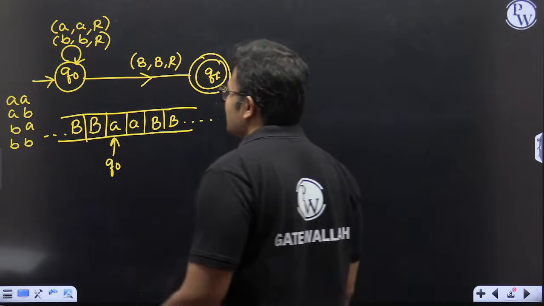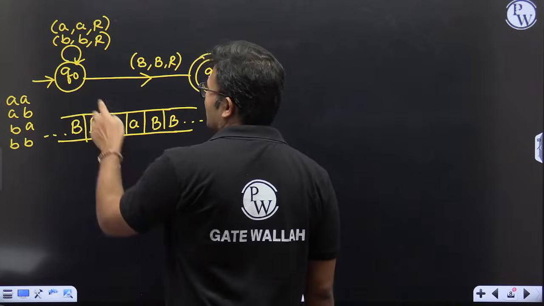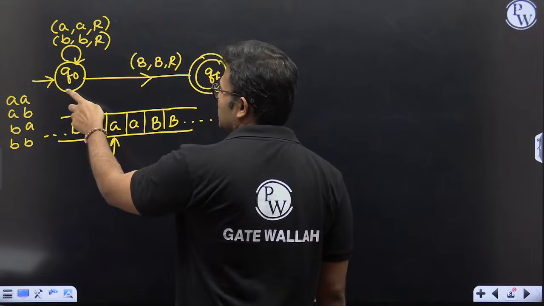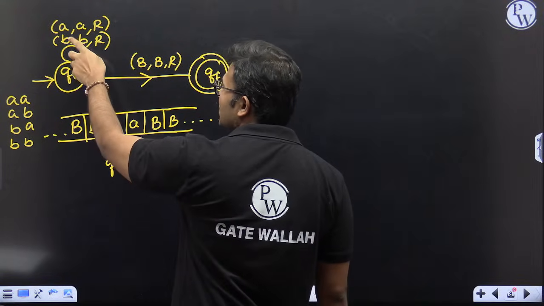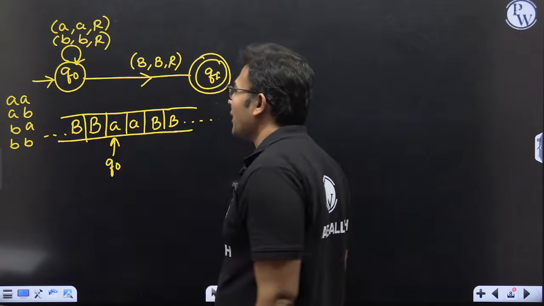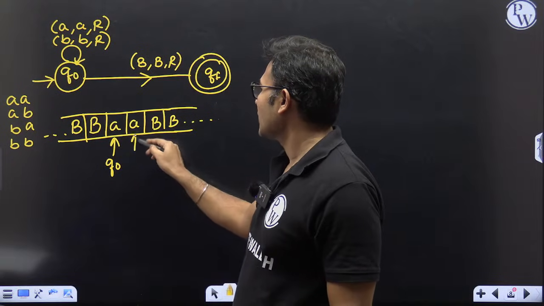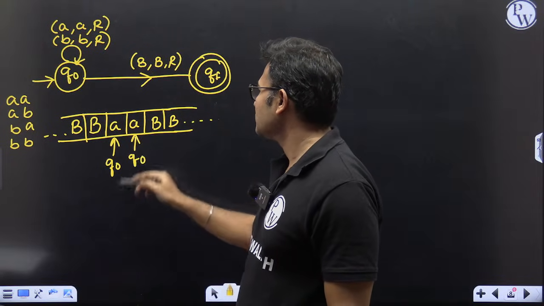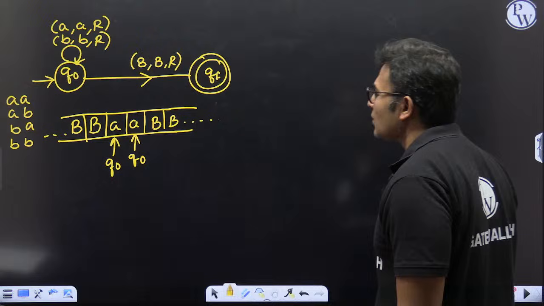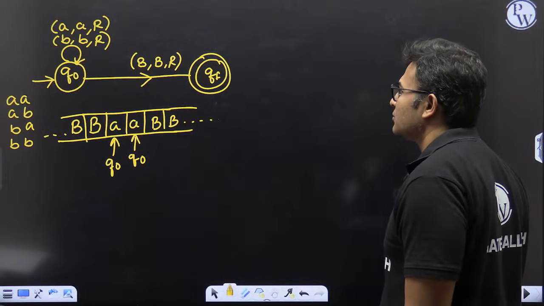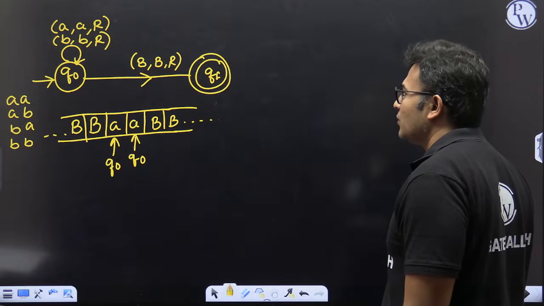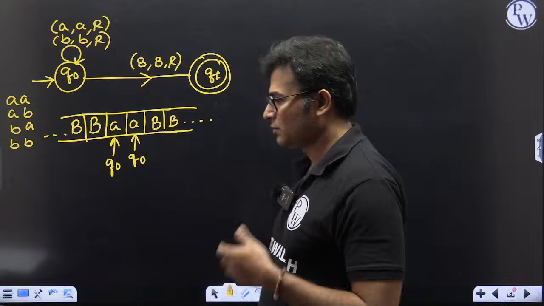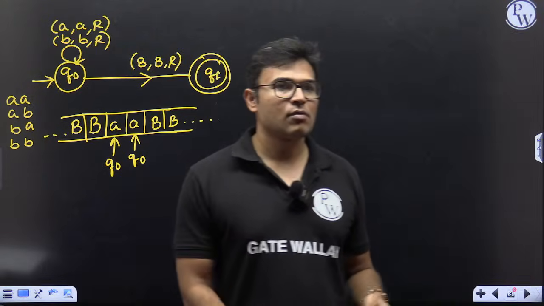Now what happens? In state Q0, on seeing A, we will leave it as A and move right. And we will be in state Q0.